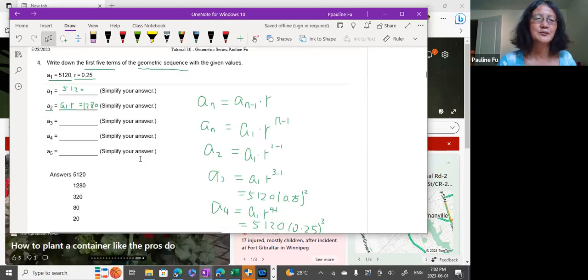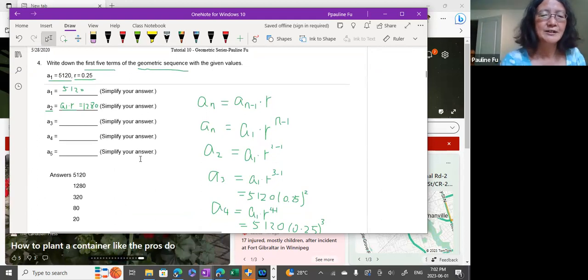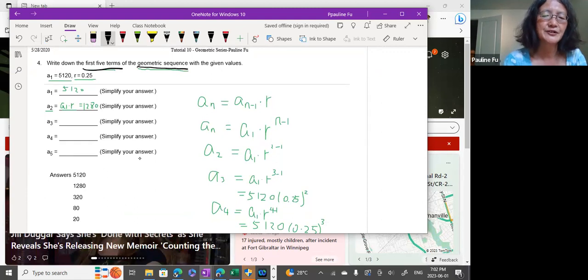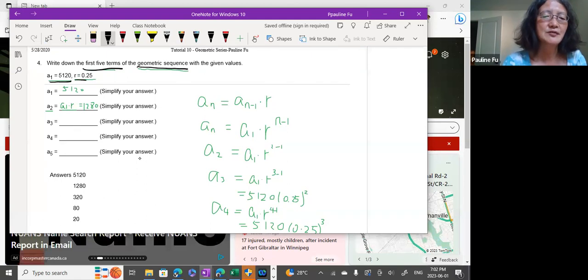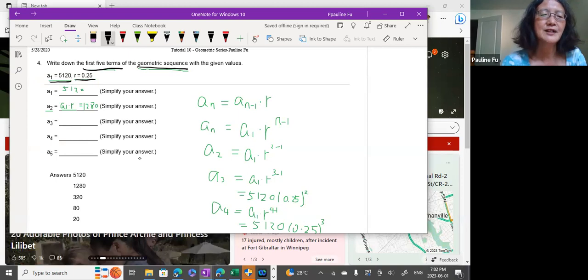Okay, question 4. Write down the first 5 items of the geometric sequence. This is a geometric sequence. You are given the first item A1, 5120. You are given the common ratio R, 0.25.